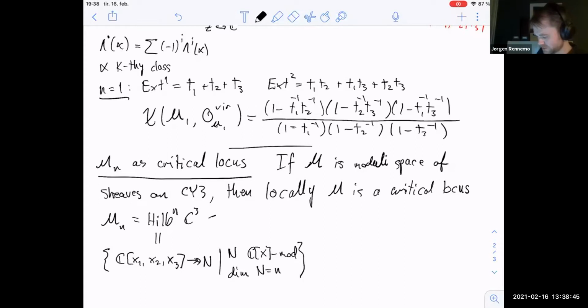Okay, so to write Mn as a critical locus, we need to embed it in some ambient space, and this ambient space will be what we call the non-commutative Hilbert scheme.